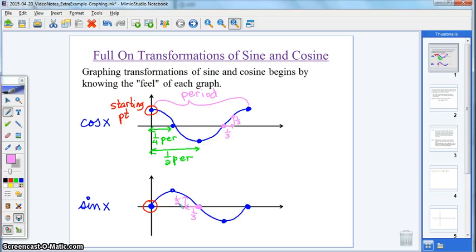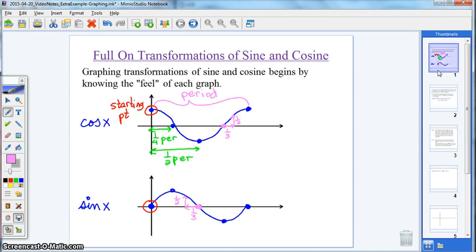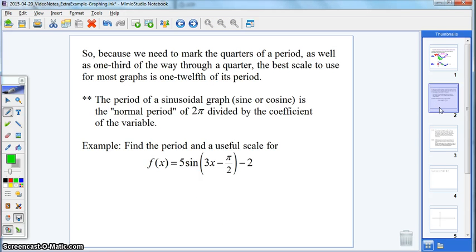So starting from there, what that means is that we're going to need some kind of mark on our x-axis that will allow us to mark out each of those quarter periods, but also to mark out 1/3 of a quarter period. So a good scale to use is going to be 1/3 of 1/4, or in other words, 1/12 of the period.